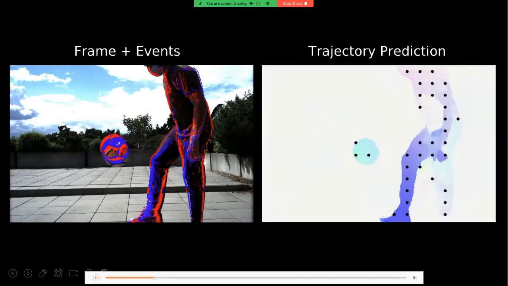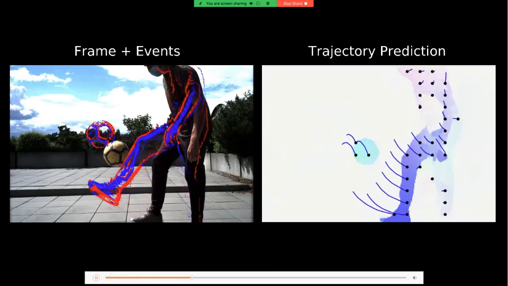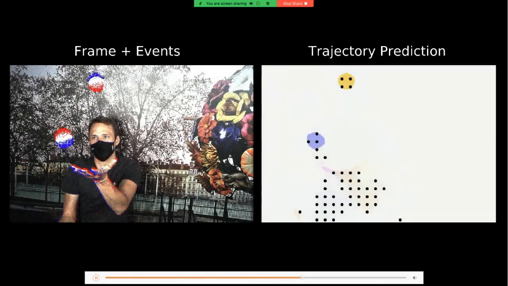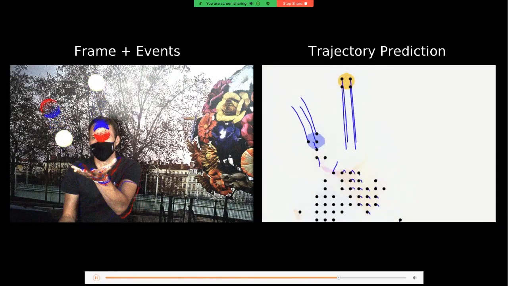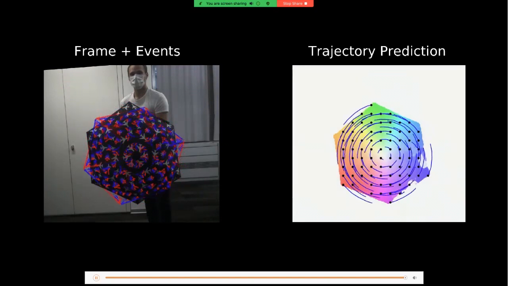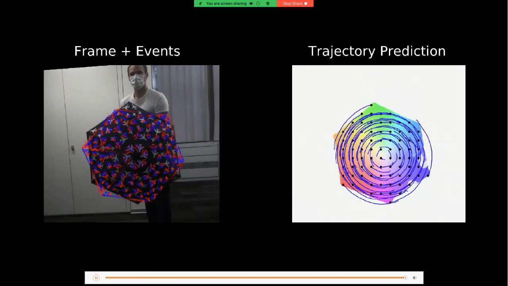Okay. Yeah, now you can see, for example, there is this person trying to hit the ball, and we predict per pixel, just showing a few pixels, the trajectories that are predicted. And this is the umbrella scene where we predict that it's essentially rotating.